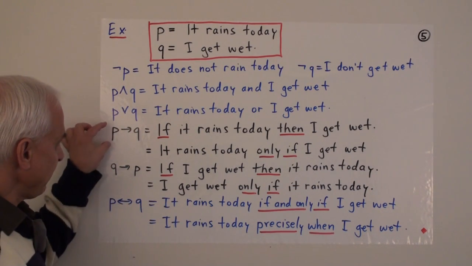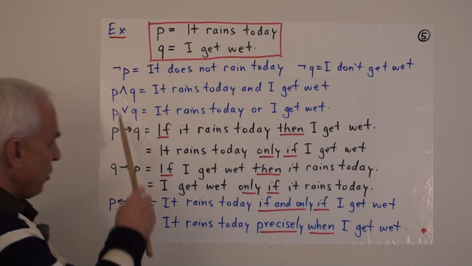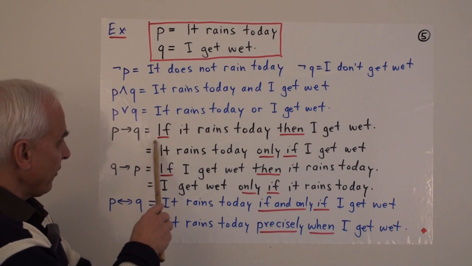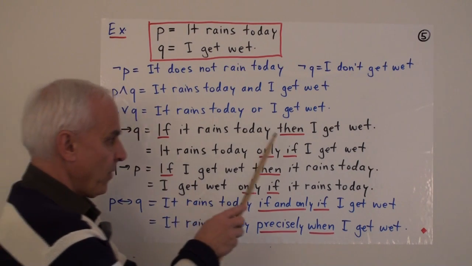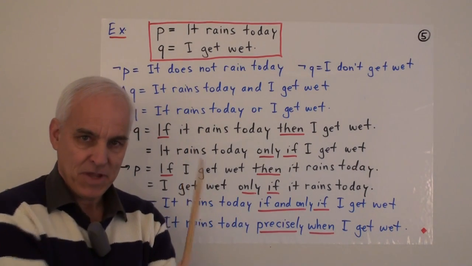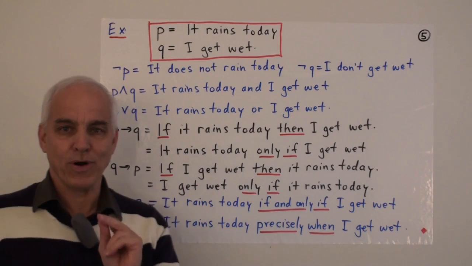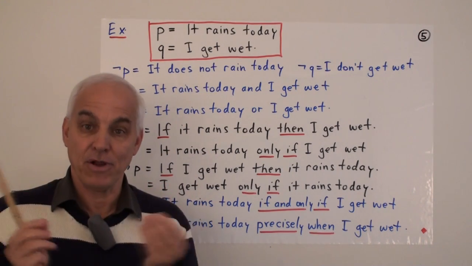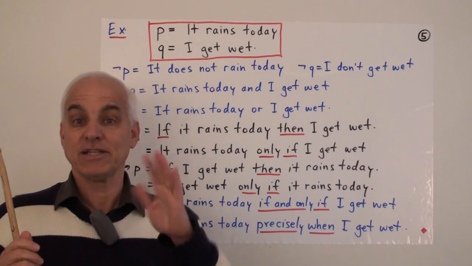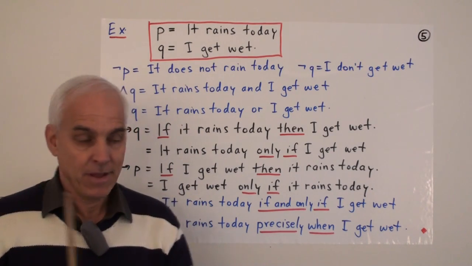Let's have a look at this. This is very important. Okay, so we're combining these two statements with this construction using the words if and then. These are two very important words in mathematics, and you should think about them as coming together. They're like twins. They're like two sides of the same coin.